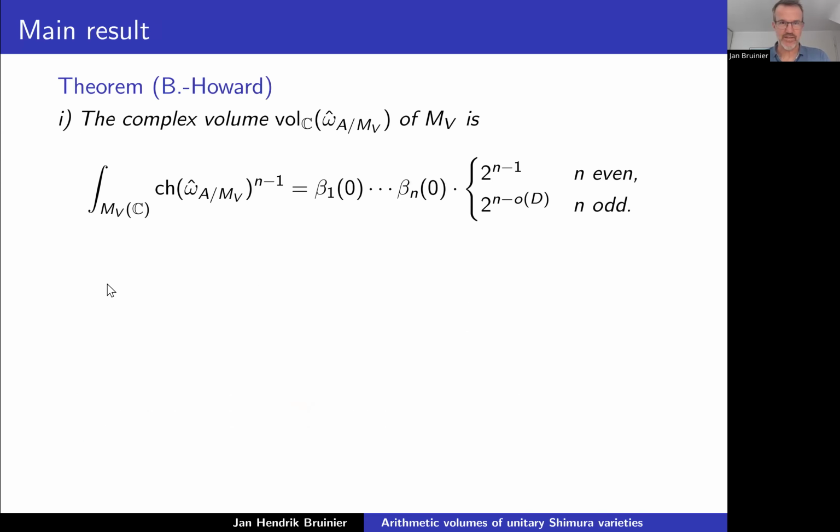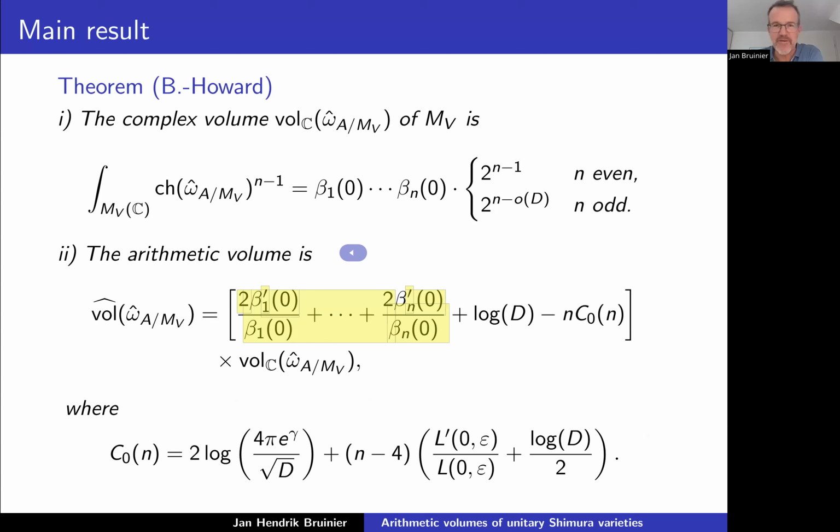And now the arithmetic volume, somehow in accordance with these conjectures of Maillot-Rössler, is also computed. And it turns out, in accordance with these conjectures, that we have the logarithmic derivatives of these L-functions coming in. So the same L-functions at the same places evaluated, and these give the arithmetic volume.